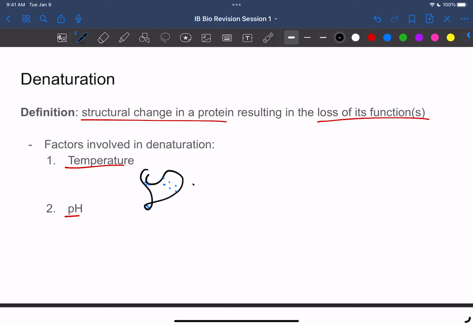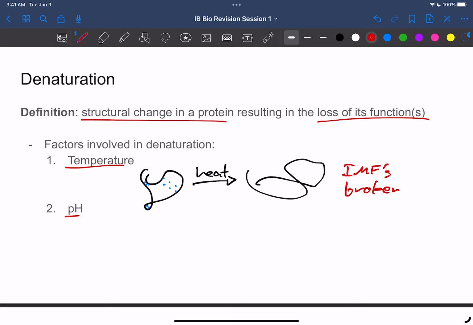When you add energy or heat, these interactions can break. And the result will be an unfolded protein because those interactions are broken. So this causes unfolding or partial unfolding. And because of this, there's a loss of function. It doesn't perform its function anymore.